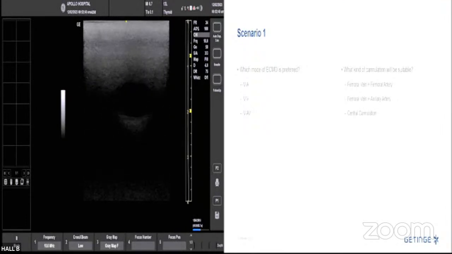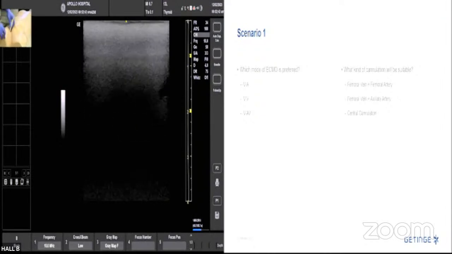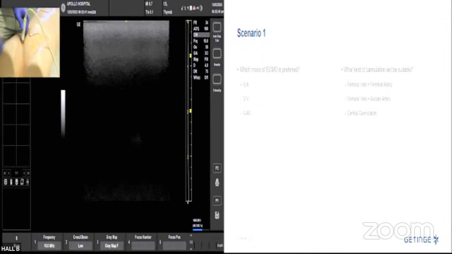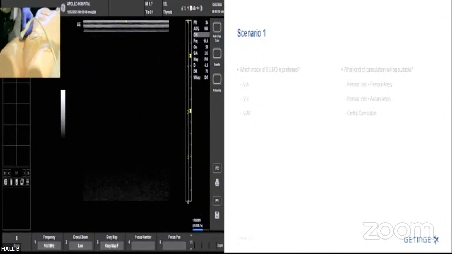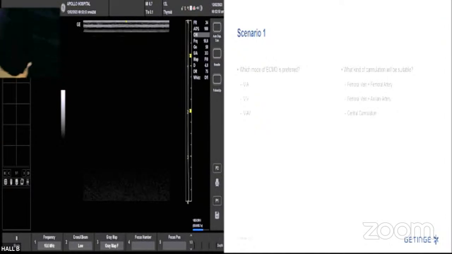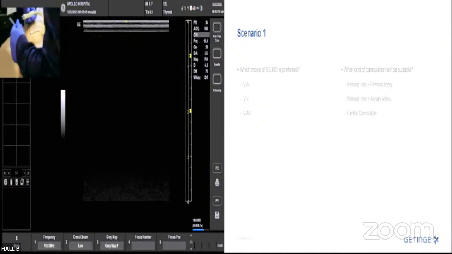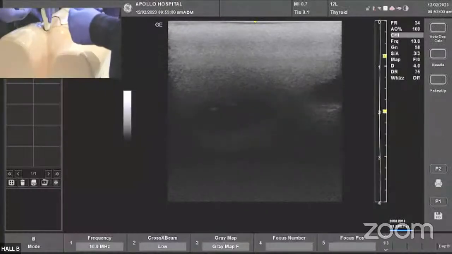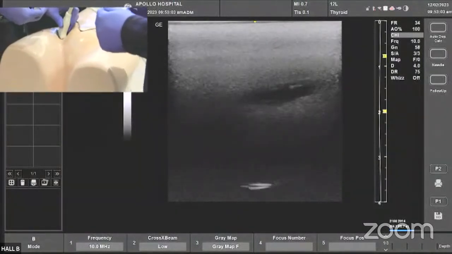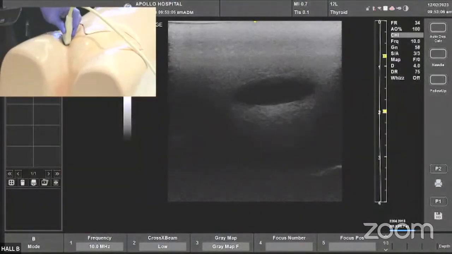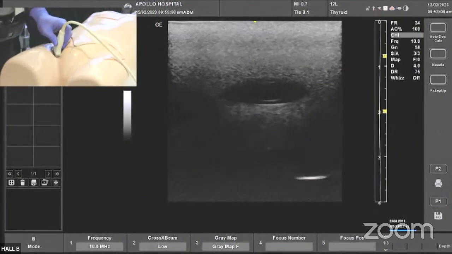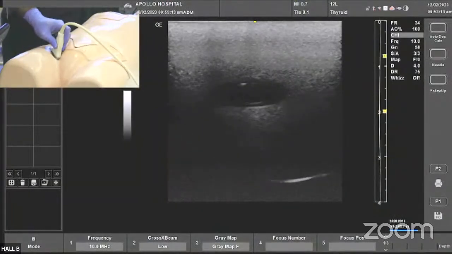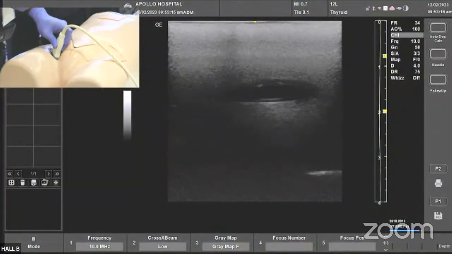Which side do you want to insert the vein and which side do you want to insert the artery? To the audience. Look at it. So is there any side preference, or you don't mind any side? I think there you are able to see the filter.